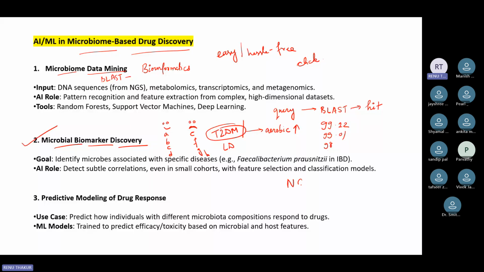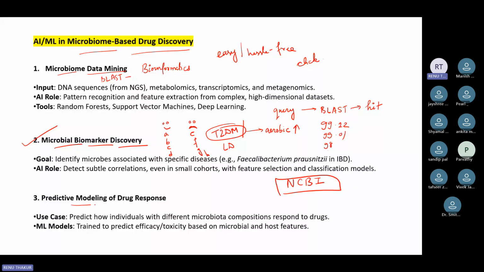NCBI is the National Center for Biotechnology Information, the biggest platform where you have to deposit each and every sequence. This is an authentic website where you deposit everything related to bioinformatics. For that also we use AI ML.